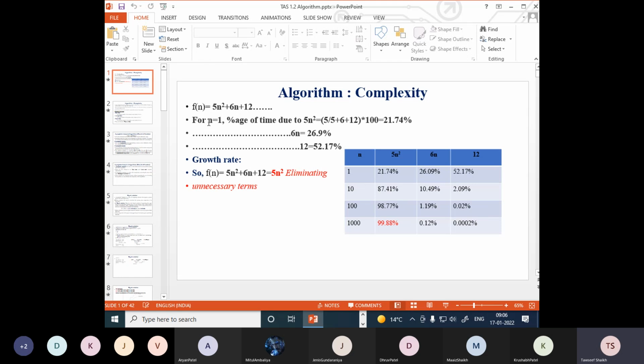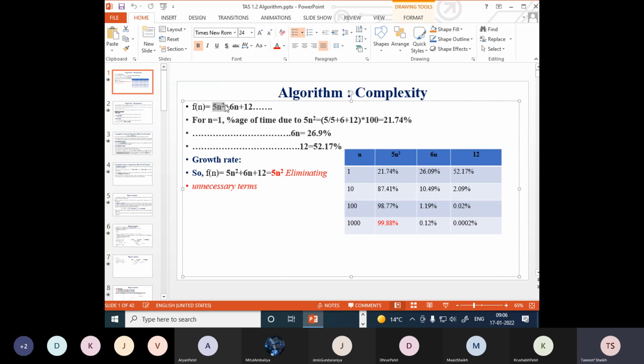You see, whenever we put n equal to 1 in this function, 5n square plus 6n plus 12, we will see how much computing time only the first term, 5n square, will need, how much CPU running time, because this expression is composed of three terms.